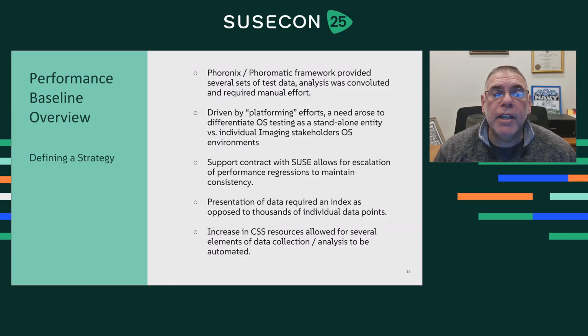With all of imaging either implementing SLES15 or migrating from an earlier SLES distribution, the need for regression testing became apparent. This was primarily due to an overwhelming amount of requirements and test data for multiple hardware platforms and operating system releases.